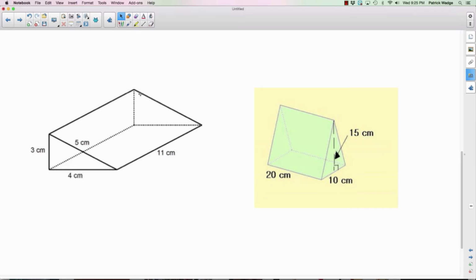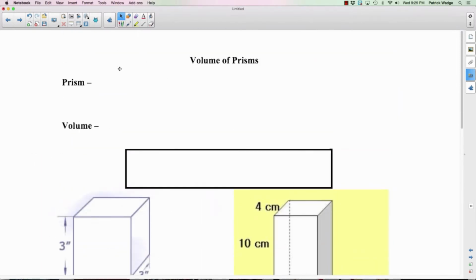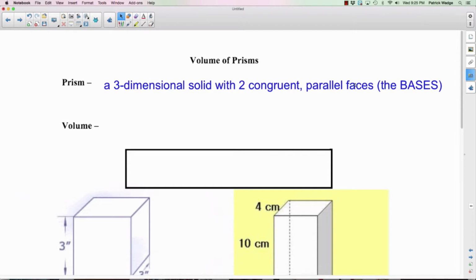This triangle and the triangle over here are parallel to each other. Those are the bases. The other sides are rectangles, and those aren't parallel to each other. So that's what we mean by the parallel faces, which are called the bases.